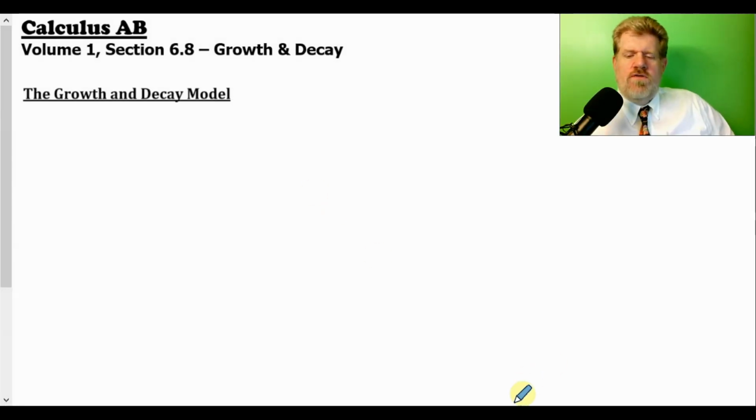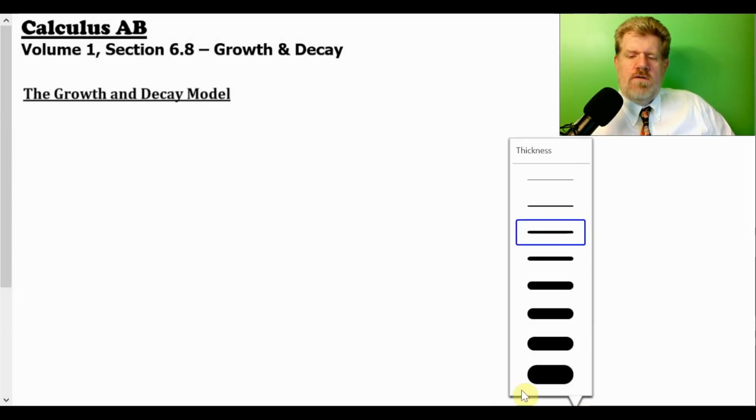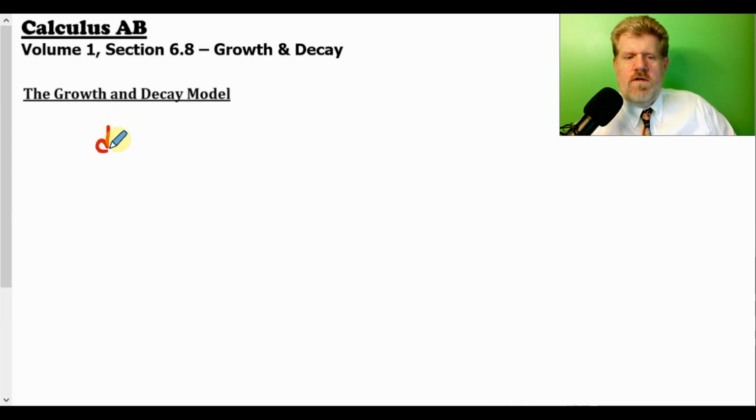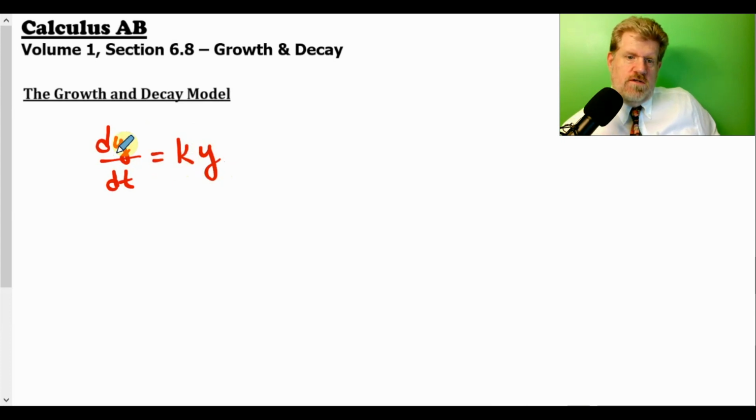We are going to develop the growth and decay model. We're going to start with the one we just talked about. y is proportional to itself. Population, population, money, money, bacteria, bacteria, whatever it is. Now let's solve this differential equation.